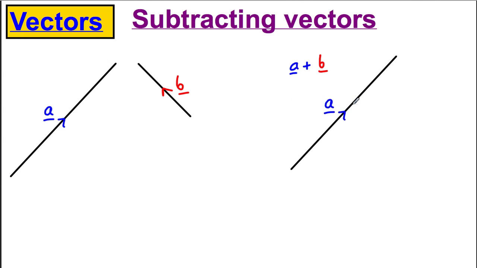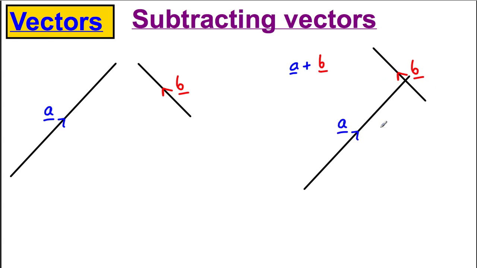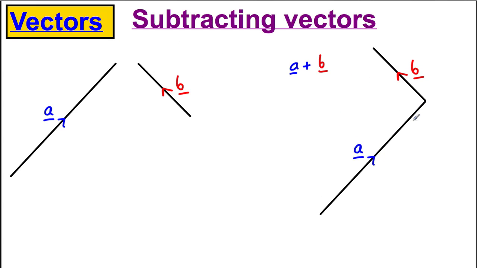That's A, and that's B. So when we add A plus B, we can just do that, and the resultant is there. Okay, so that is the vector A plus B here. Now what does A minus B mean? So I'm just going to rub this out for now.